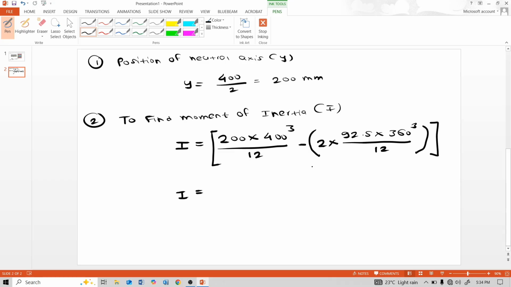So 200 multiplied by 400 cube divided by 12 is 10.67 into 10 raised to 8.